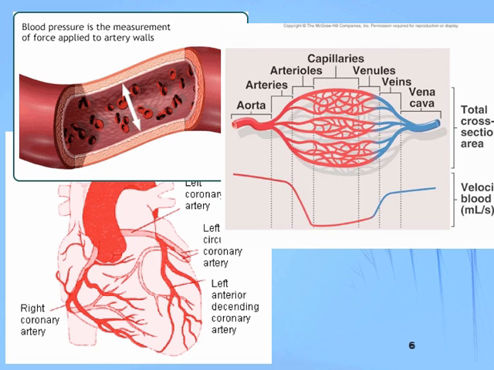They are the first branches off the aorta, and they bring oxygen-rich blood to the surface of the heart. Then smaller branches branch out to get to all areas of the heart. These are the arteries that, when somebody has a heart attack, can be blocked, stopping the blood flow or delivery of oxygen to areas of the heart muscle.